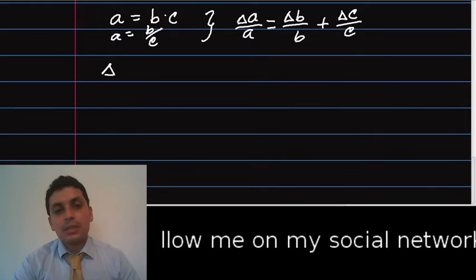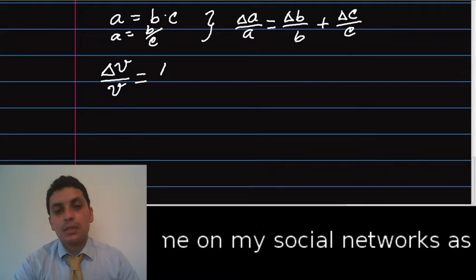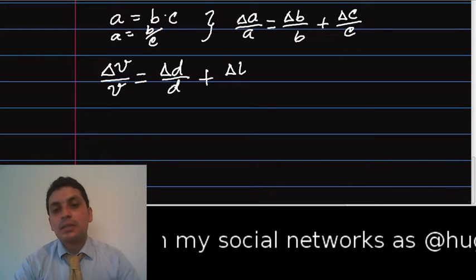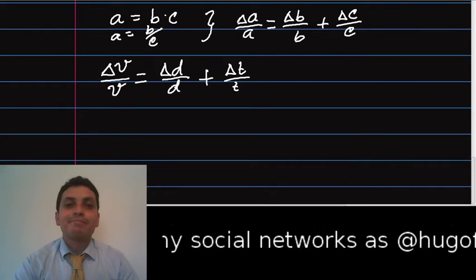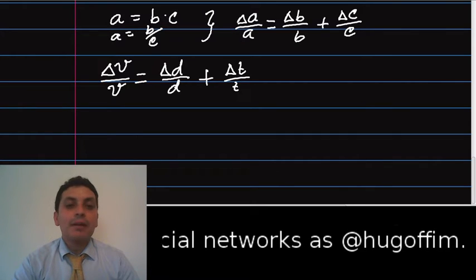Velocity is the division of distance and time, so the relative uncertainty for velocity is going to be the relative uncertainty for distance plus the relative uncertainty for time. And we have these values.